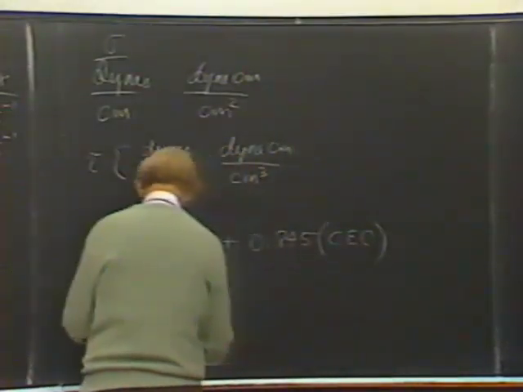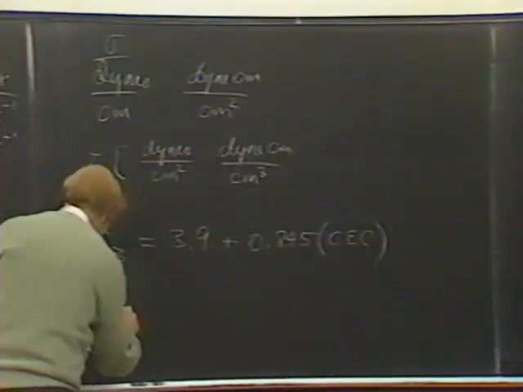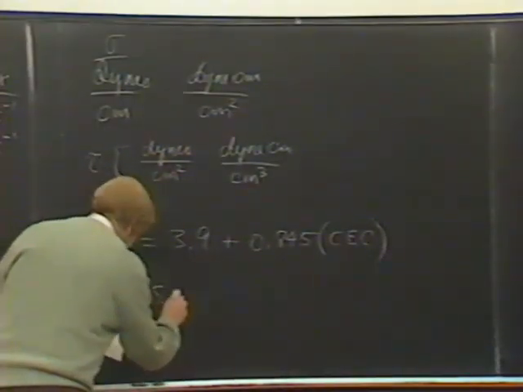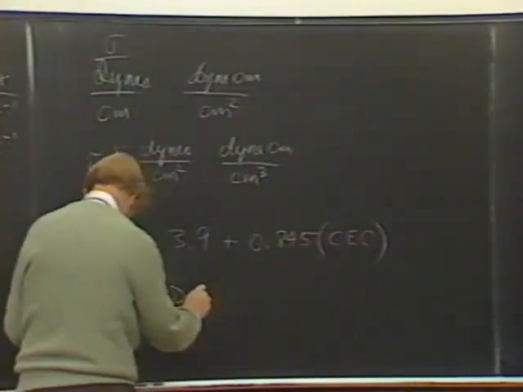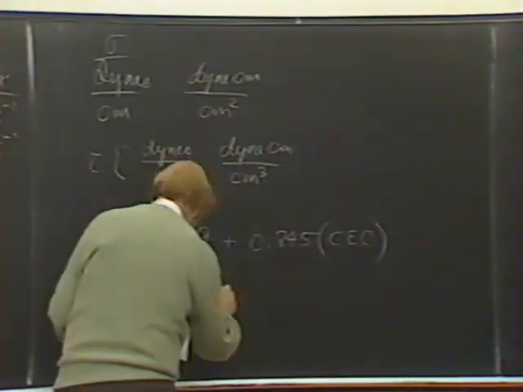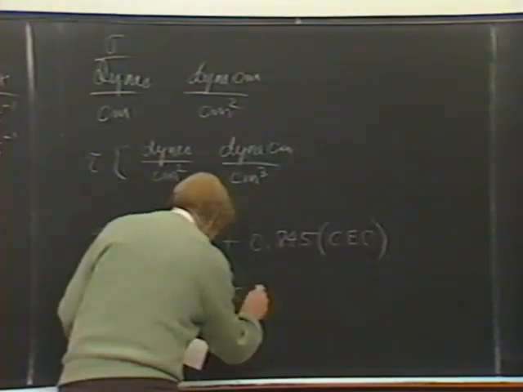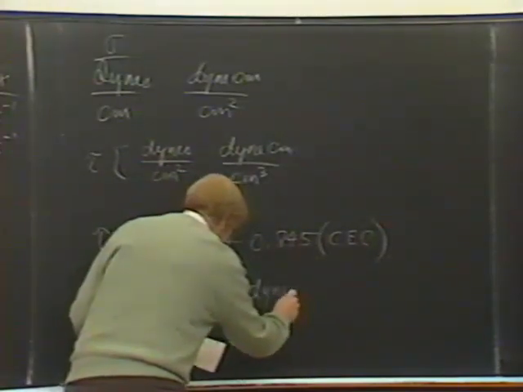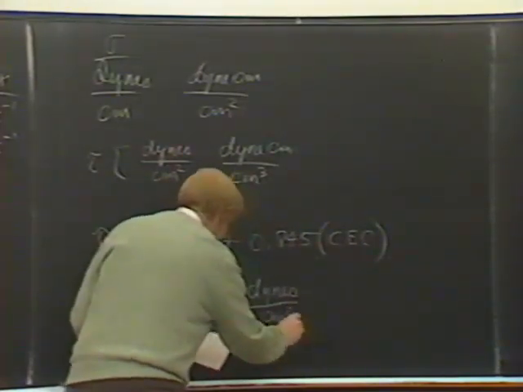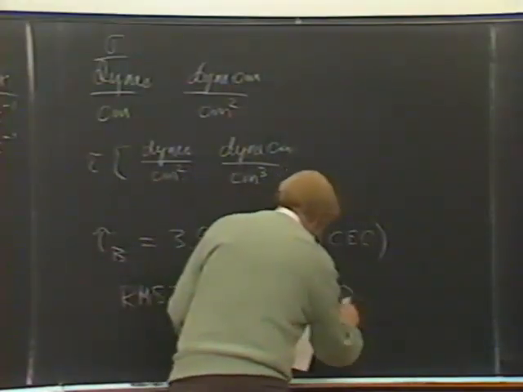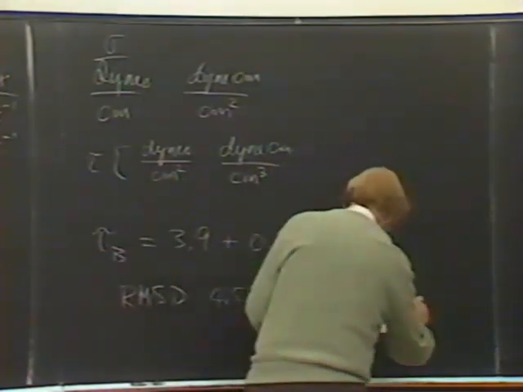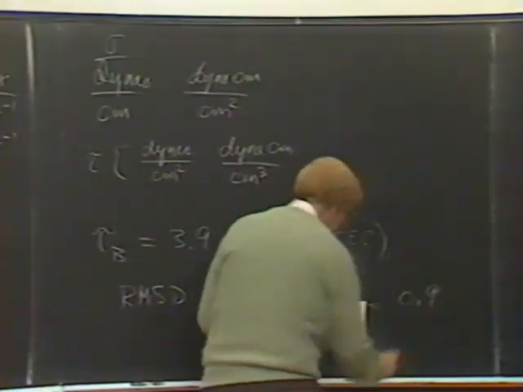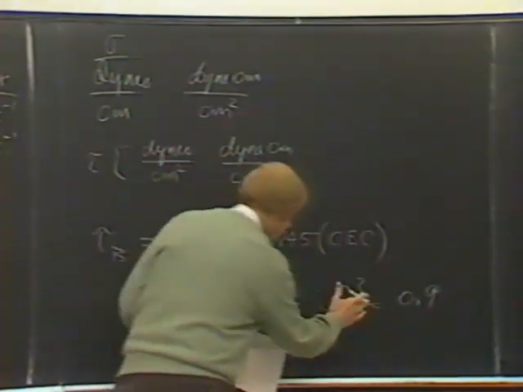And that fits these data with a root mean square deviation of 4.5 dynes per square centimeter, or r squared equal 0.9. Not a great fit, but strong enough to make it useful.